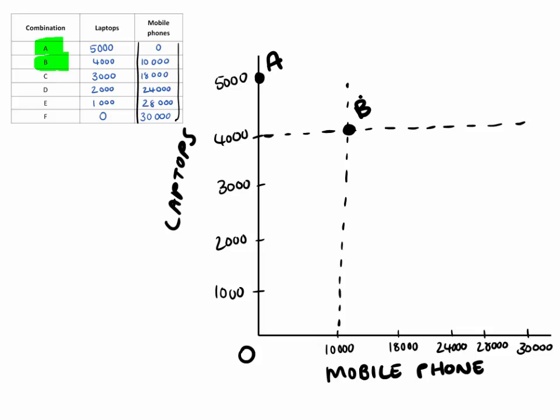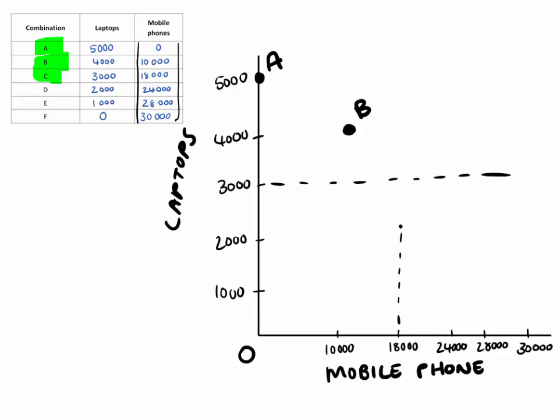Again, let's keep it neat. Let me take away the dotted lines. The next point, point C, I'm producing 3,000 laptops and 18,000 mobile phones. So here's 18,000 mobile phones, and over here is where the two intersect.